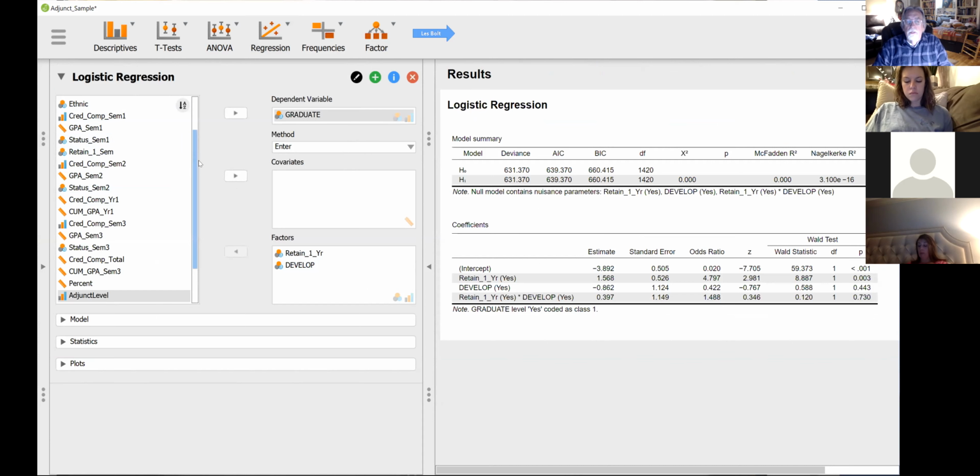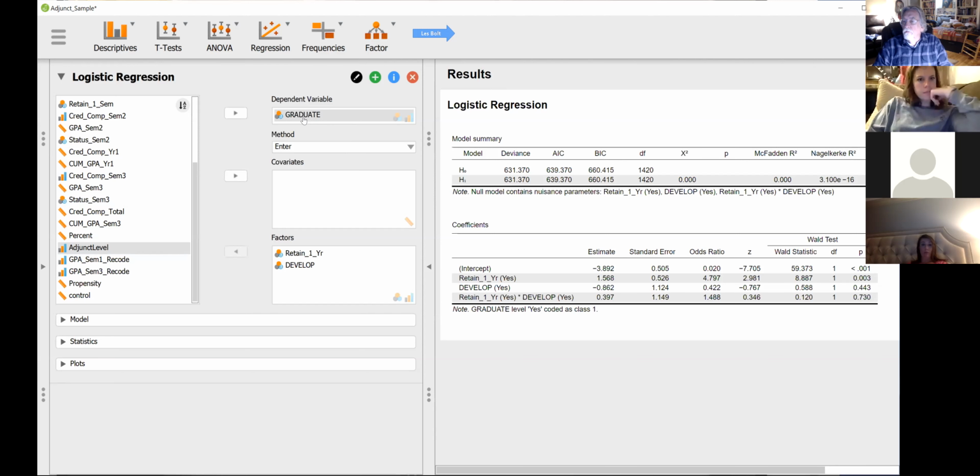I've taken the liberty of already sliding the graduate variable in here, and that's whether people graduate or not from a program at the community college. And I've put in two variables, and one of those variables is whether they were retained from the first year to the second year. Now, that may sound silly to say, okay, retention would mean they'd stay in school, which means they might graduate.